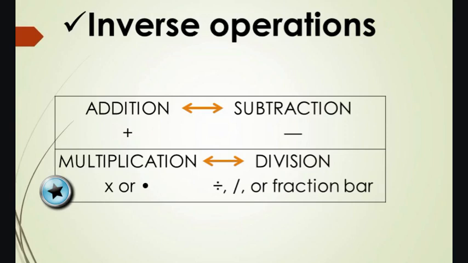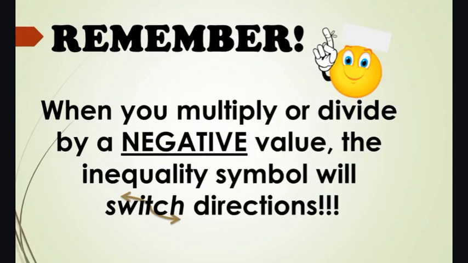But there's a very important point that I need to make sure that all of you write down and understand before going into solving for and graphing inequalities, especially when we're using multiplication or division. Here we go. When you multiply or divide by a negative value, the inequality symbol will switch directions.